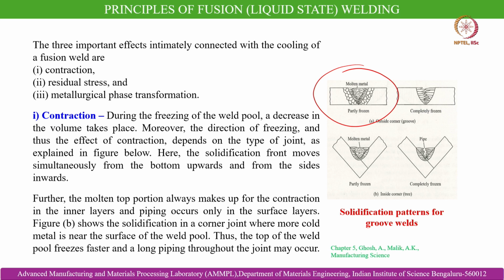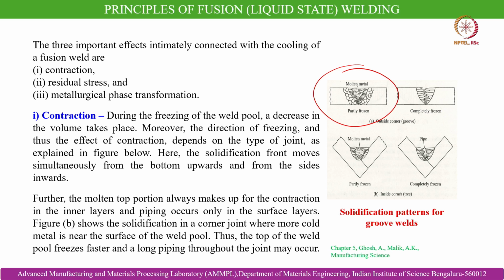Because of this, when the phase change happens from liquid to solid in the melt pool, there is a contraction in this region of the melt pool. The amount of contraction also depends on the type of joint developed by the fusion welding technique, as can be seen from these schematics.